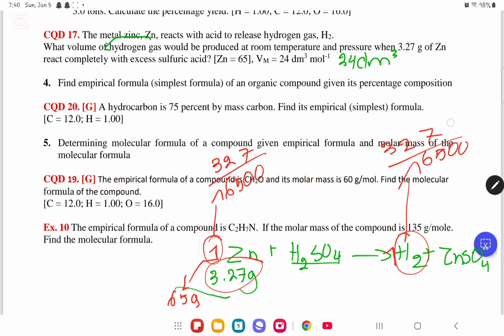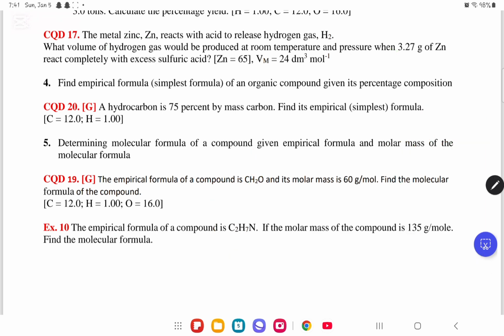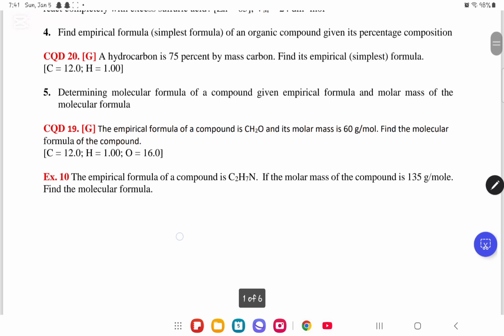We very simply multiply this one by 24. So multiplying 327 divided by 6,500 by 24, we are gonna get approximately, rounding it, 1.2. If they asked to two significant figures, you round it to 1.2 decimeter cube. So for CQD number 17, the answer is 1.2 decimeter cube.